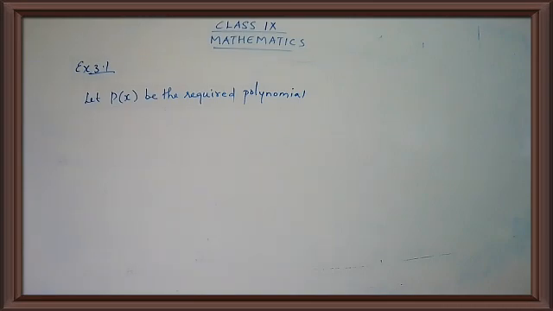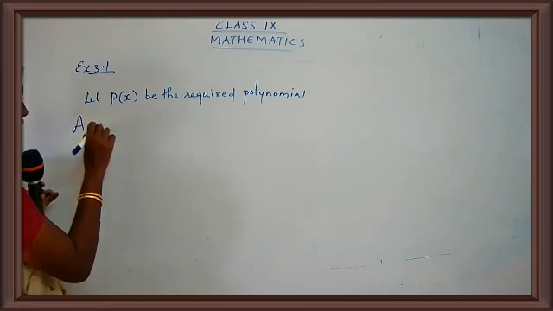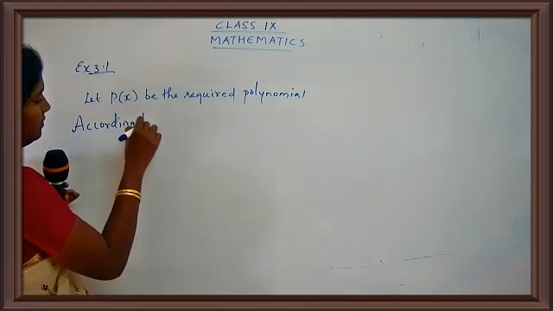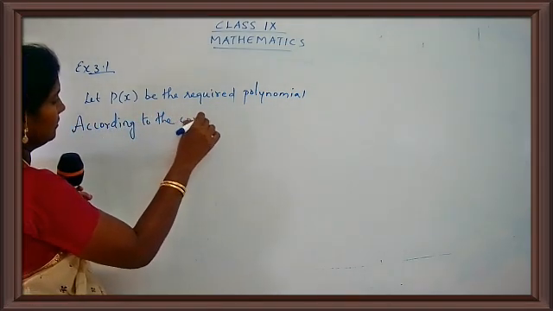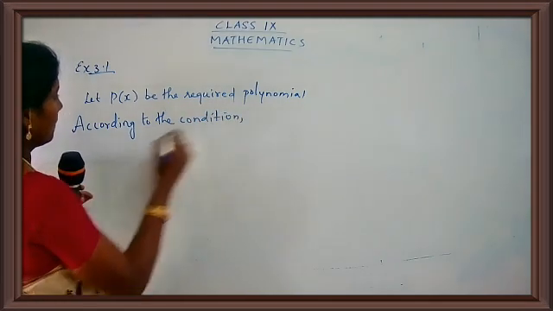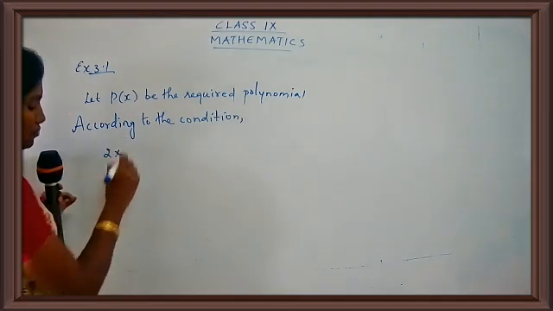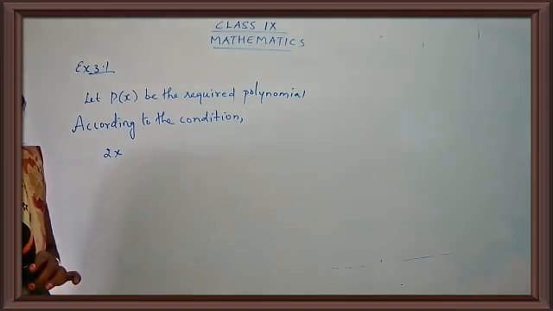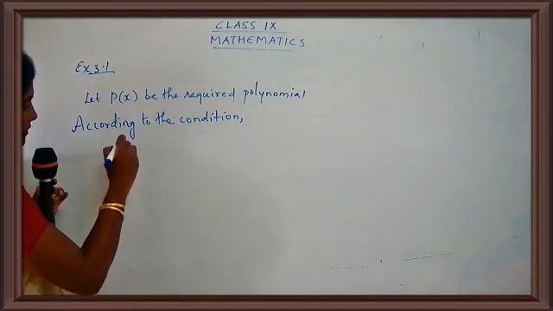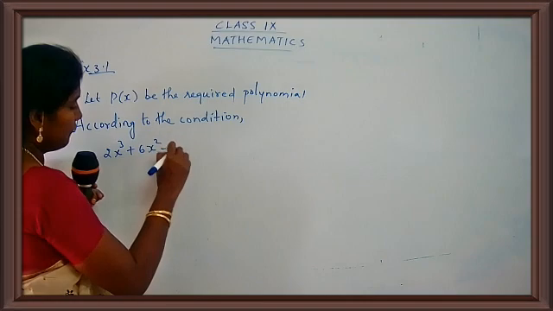Okay, have you taken down the statement, children? Now let's read the question once again and let's write the condition. What should be added to 2x cube plus 6x square minus 5x plus 8? So write down according to the condition: 2x cube plus 6x square minus 5x plus 8.